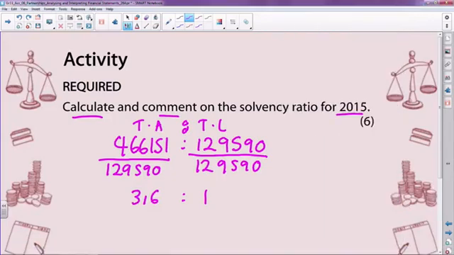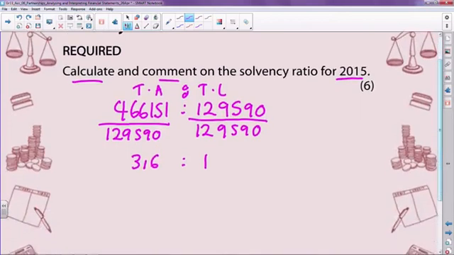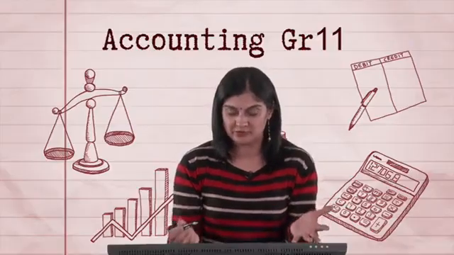Right, so now that we've calculated the solvency ratio, how are we going to comment on this ratio? Right, now guys, I'm not going to write detailed comments, but I'm rather going to discuss. So as I'm discussing, you take down the key points. You guys with me?